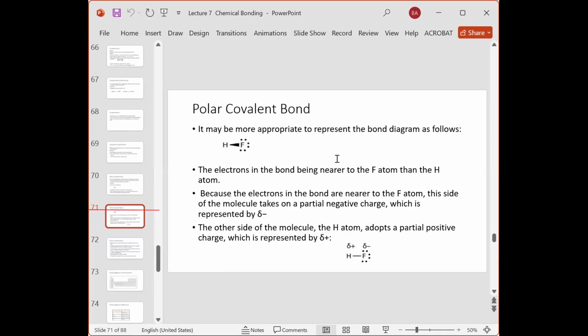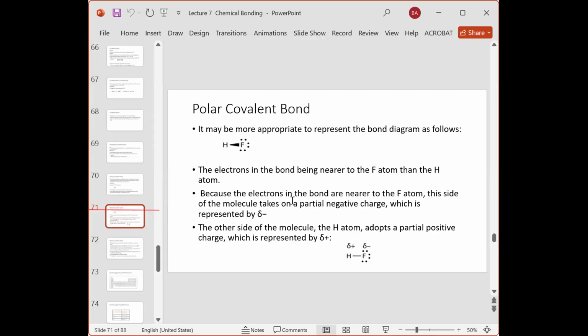The electrons in the bond are nearer to the fluorine atom than the hydrogen atom.